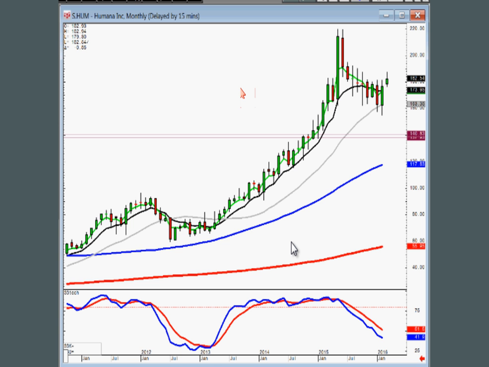Do you look at actual volume at all, or is it inherent in the size of the candle? No, don't look at volume. The only thing I do on volume is I create my universe, which is stocks greater than $5 and stocks that are trading on an average of more than 200,000 shares a day. That's the minimum.